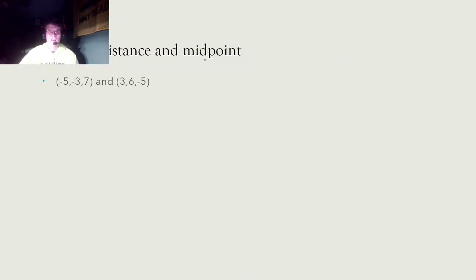Last one. Find the distance and the midpoint. Remember, when you're finding distance for x, y, and z, you have your x1, your y1, your z1, your x2, your y2, and your z2, okay?